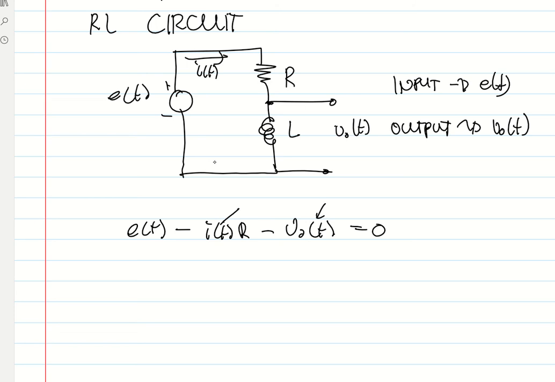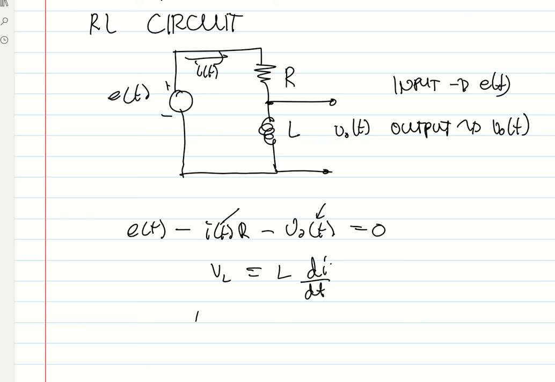So we know for inductors, the voltage across an inductor V L is just equal to the product of the inductance times the change in current, di/dt. But we want to solve for i of t, so you just take the integral.